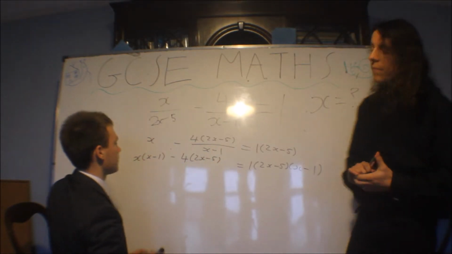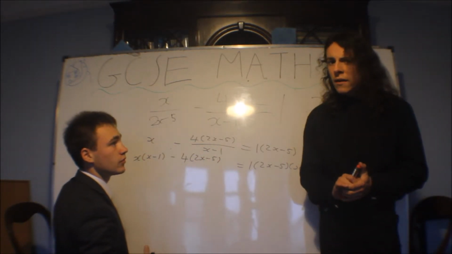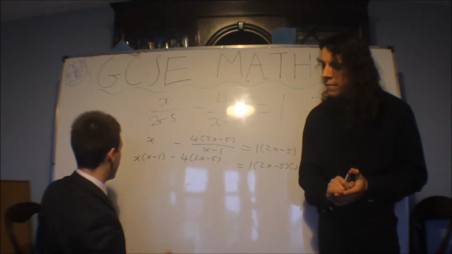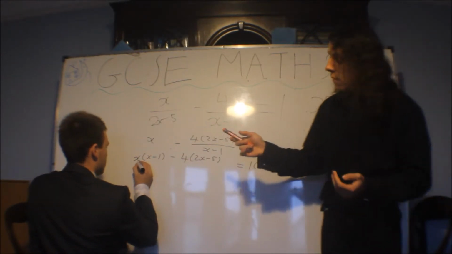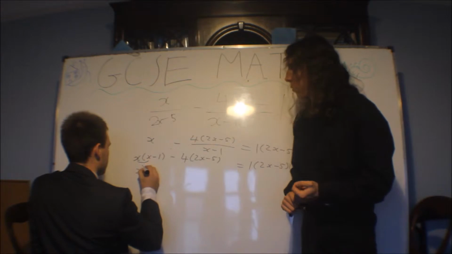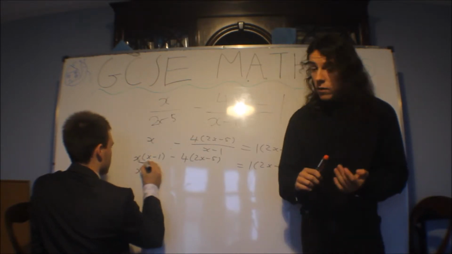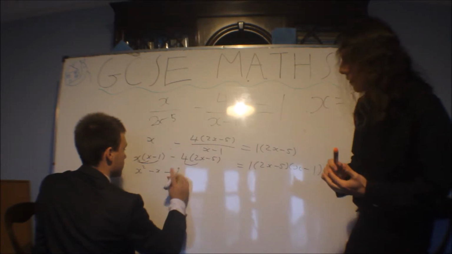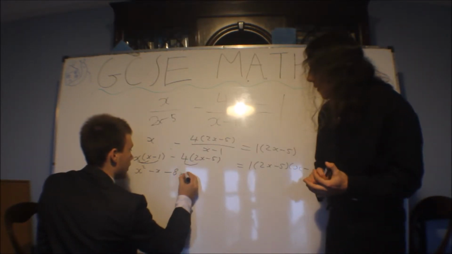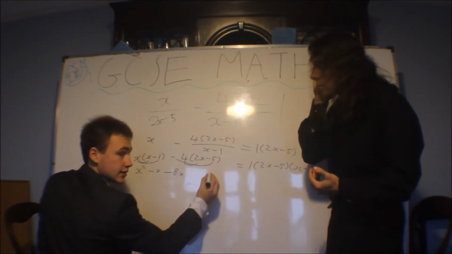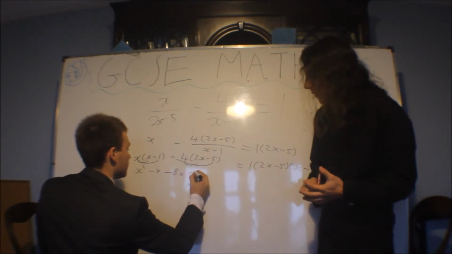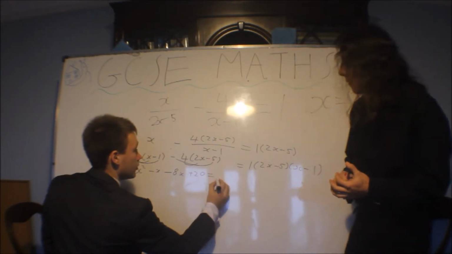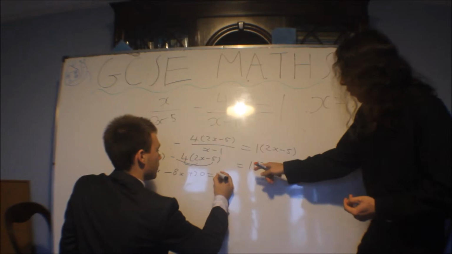So at this stage, I quite like to do some expanding. You're going to have to, because there's not a lot else you can do. So an x times x is x squared, x times minus 1 is minus x. Then we have our other half. It's minus 4 times 2x, which is minus 8x. And again, minus times a minus this time, so it becomes plus 20. Equals. And then we'll just ignore the 1 for now.